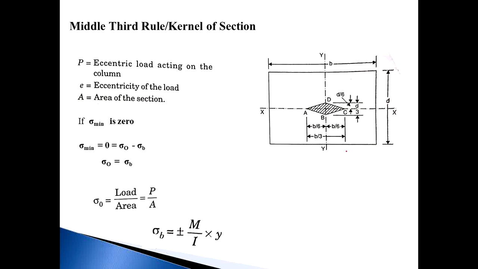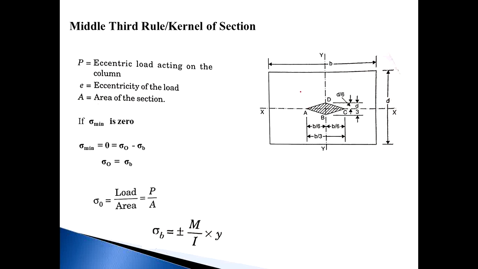That particular area is called the kernel of the section. Means we need to find such an eccentricity E value so that the total stress induced in the section is compressive. That's why we need to calculate that E distance.